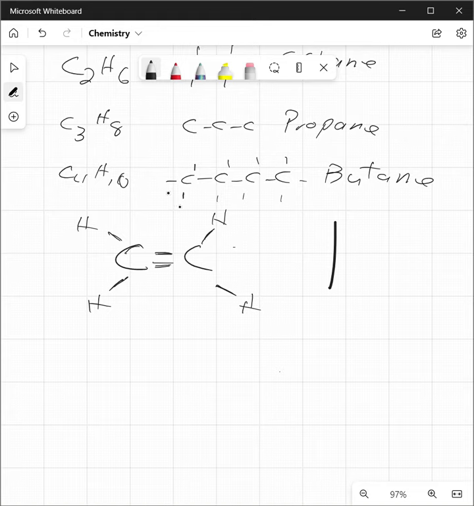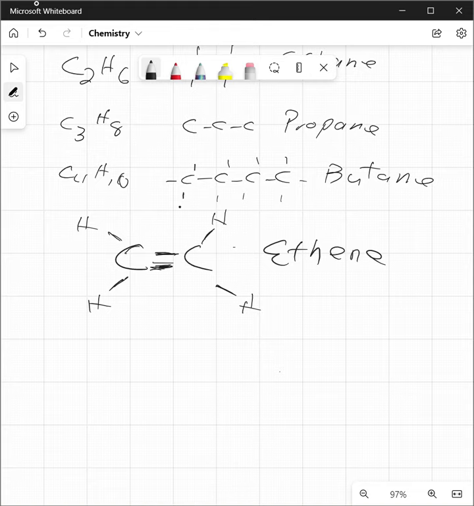And then above, remember, 2 carbons was ethane. But in this case, since we have a double bond between carbons, we have ethene.